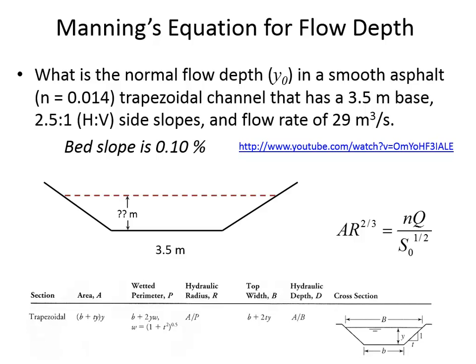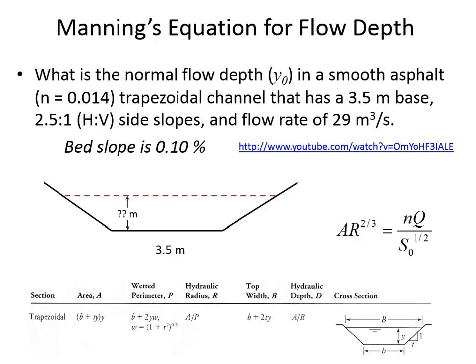We're going to solve this in just a minute by watching his video, and you'll type while he does it. Here we've got a trapezoidal channel where the bottom width is 3.5 meters. The side slope is 2.5 to 1, so that means T is 2.5.